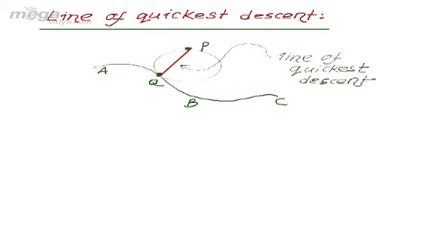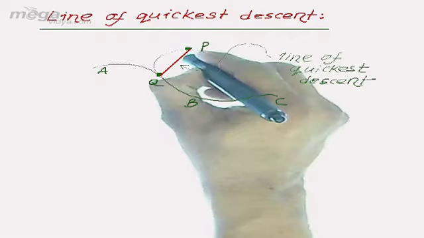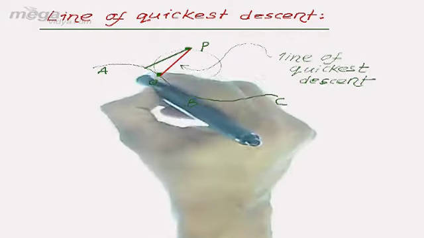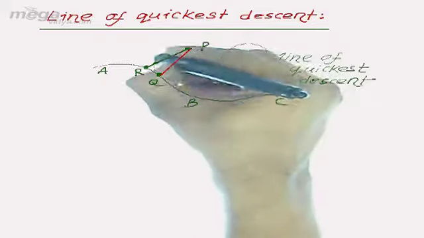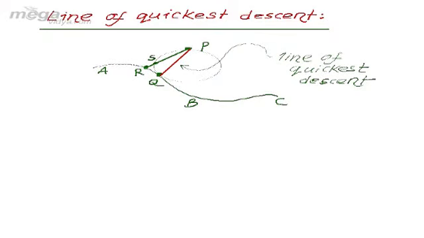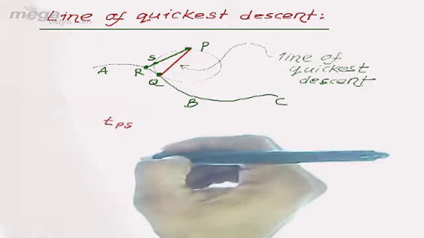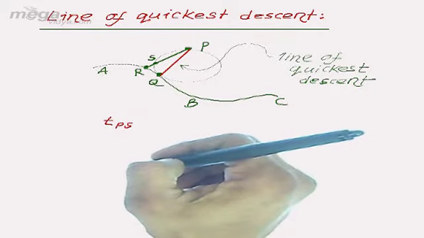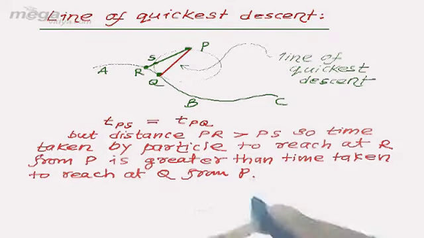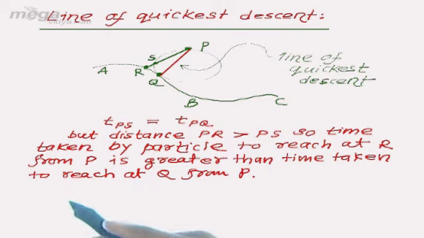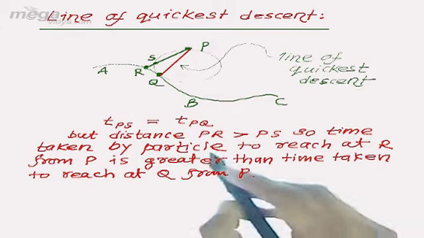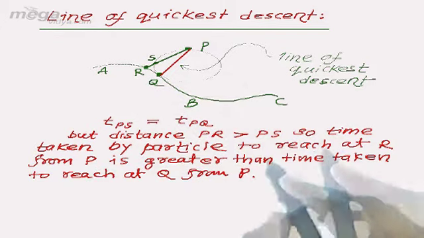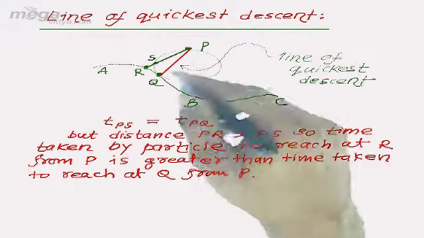Because if we take another line, say P to this point R, which cuts this circle at point S. Now, as we had discussed, the time taken to reach from P to S is equal to the time taken to reach from P to Q. But as distance PR is greater than PS, the time taken by the particle to reach R from P is greater than the time taken by the particle to reach Q from P.